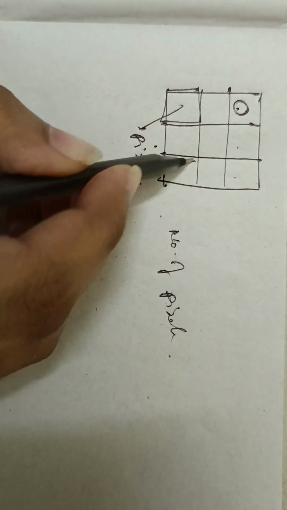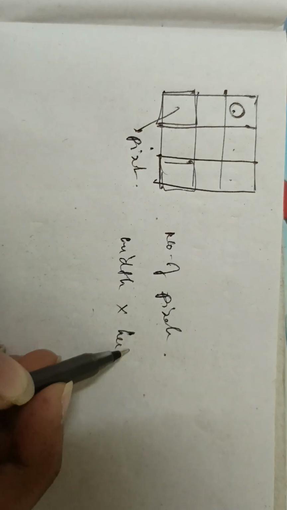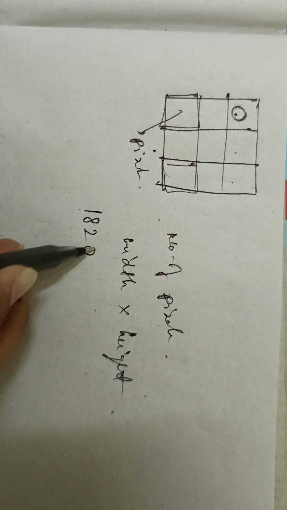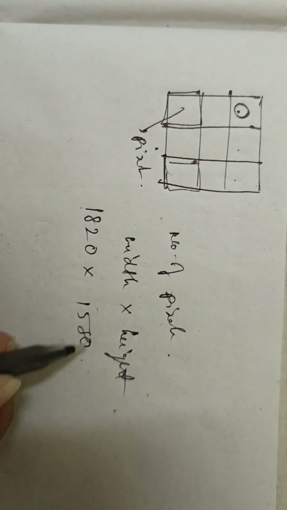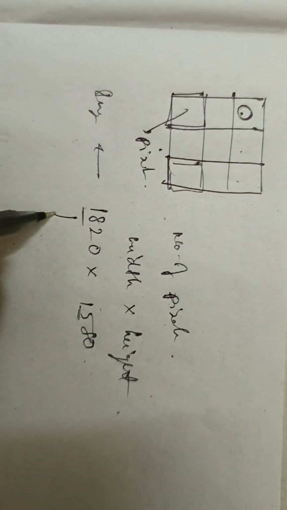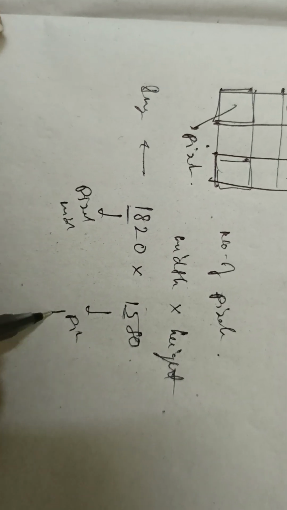Each pixel is characterized by its respective width and its respective height. For example, 1820 into 1580. We represent an image as this number, that is, this is the pixel width and this is the pixel height.